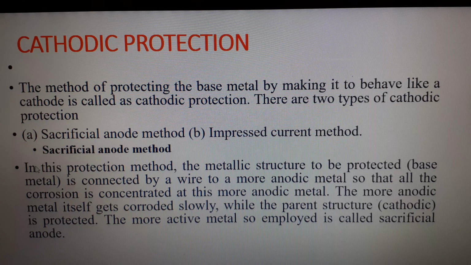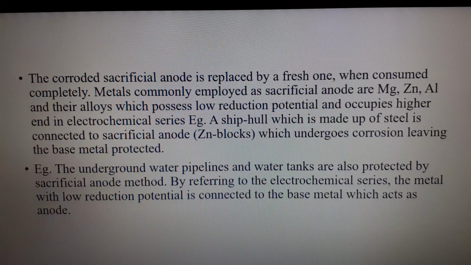Now, sacrificial anode: the word sacrifice means one metal will sacrifice itself to protect the other, right? In this protection method, the metallic structure to be protected is connected by a wire.